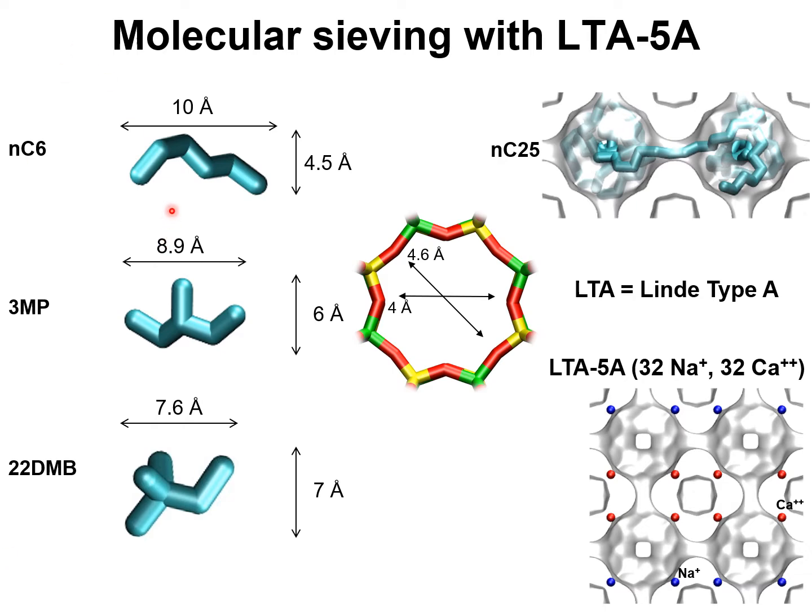And therefore, in principle, it is possible to separate the normal hexane from the branched isomers using LTA 5A zeolite.